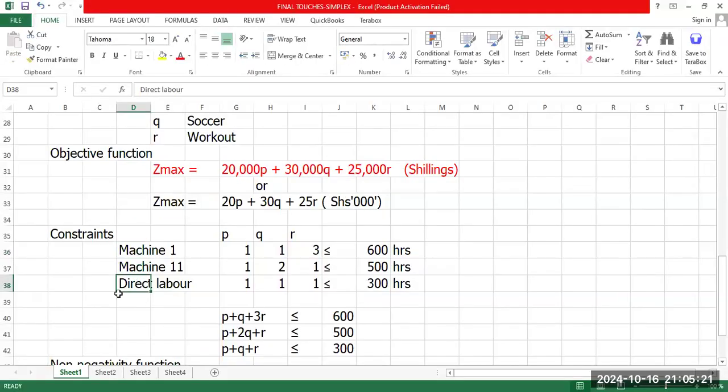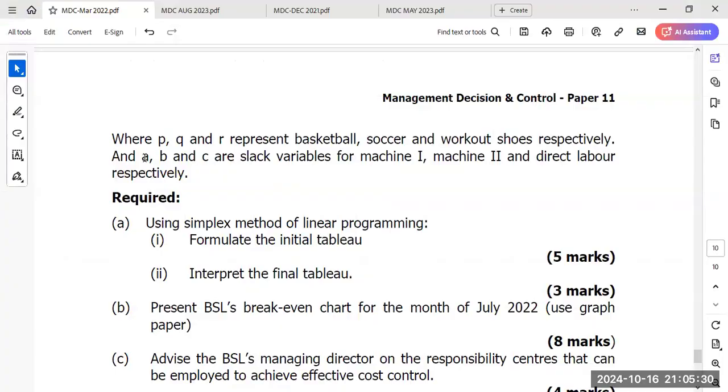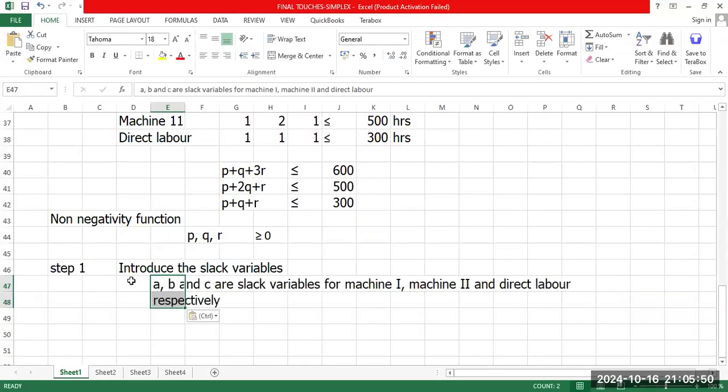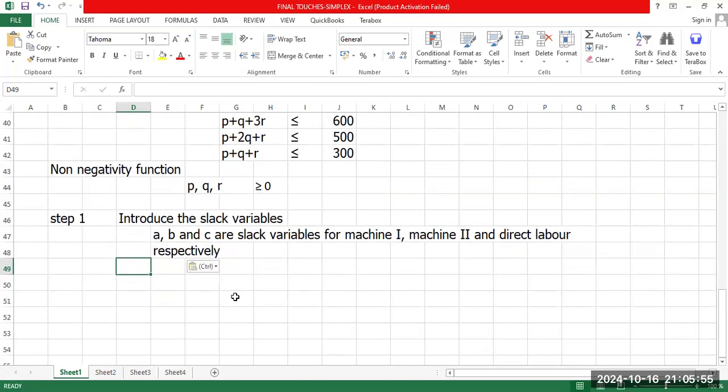We have 1, 2, 3. So we expect to have 3 slack variables. And when you check in the question, A, B, and C represent slack variables for machine 1, machine 2, and direct labor. So you define slack variables based on your constraints.